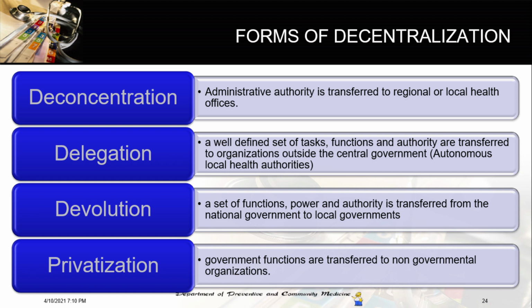The managers of these units are given authority for autonomous decision-making regarding the operations which were previously taken at headquarters or needed clearance from headquarters. Number 2, by delegation, a well-defined set of tasks, functions, and authority are transferred to organizations outside the central government. So it's given to autonomous local health authorities.